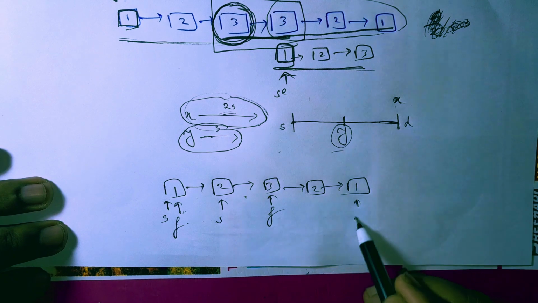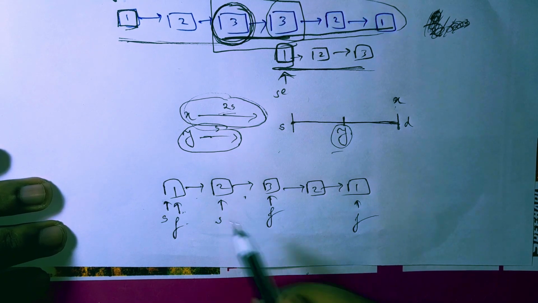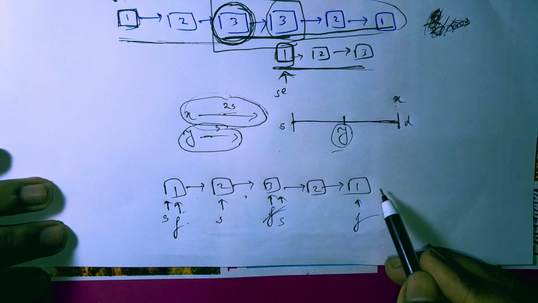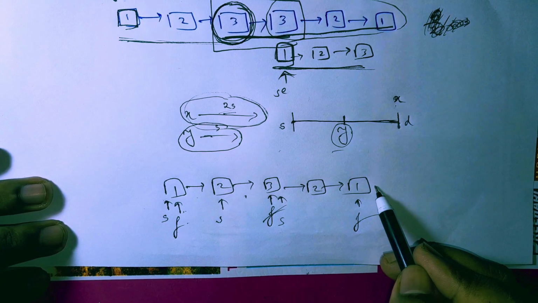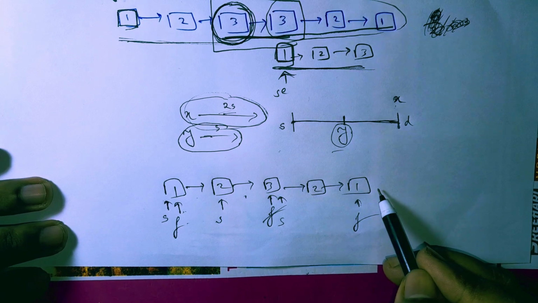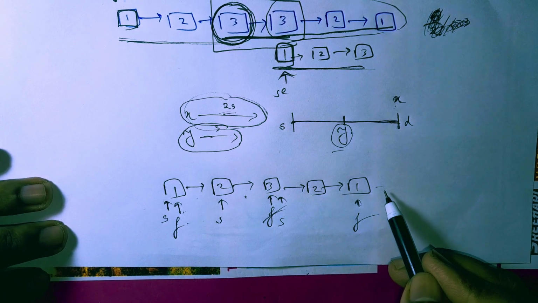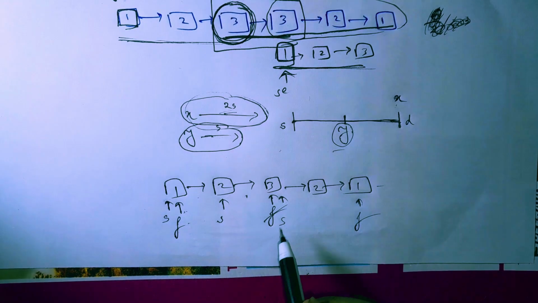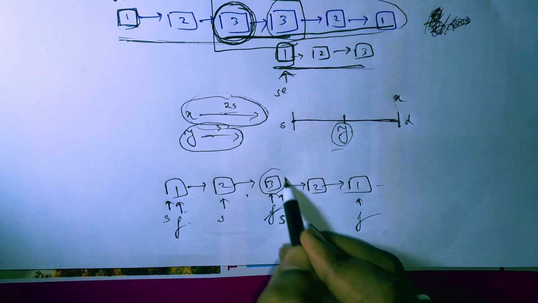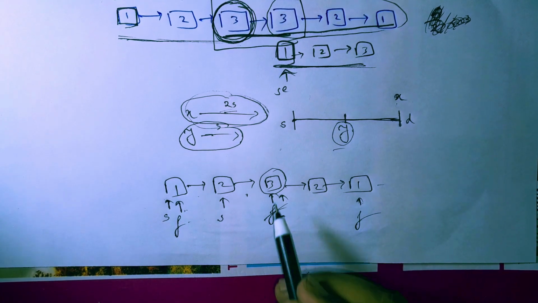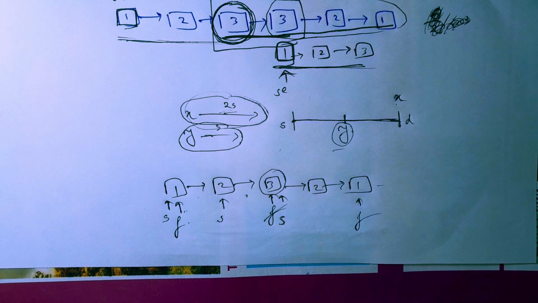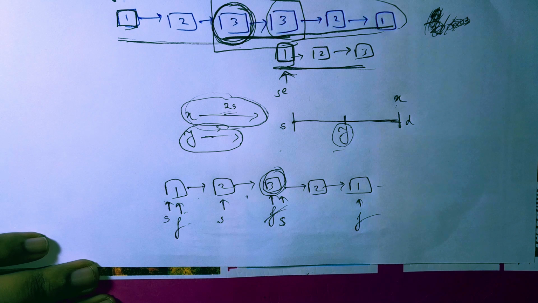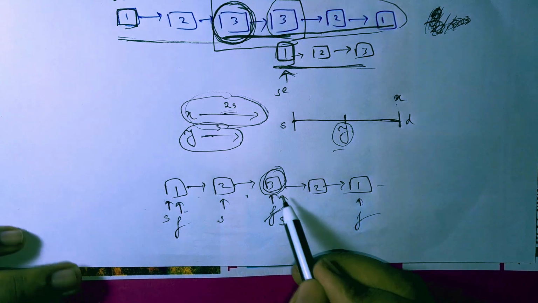Now my fast pointer is here and my slow pointer is here, and if I do fast next after that, it will be out of bounds, so I will stop here. My slow pointer is here and it is the middle of my linked list. Okay, hope it is clear. So I will return this slow pointer as the middle of the linked list.